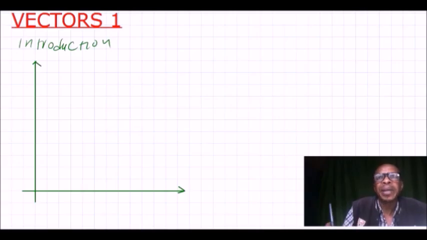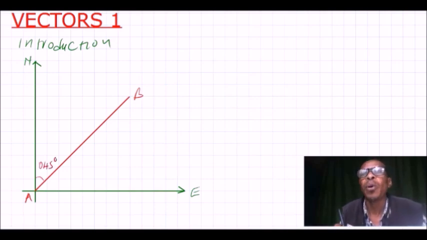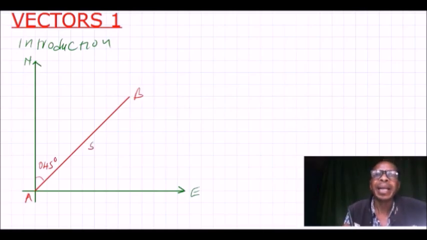We have this is north and this is east direction, and then we have another point here which is B. We can say we have a point here B, and this is our point A, and the angle here is 45 degrees. Now, we need to describe B, and it is 50 kilometers from A. So we can describe B in reference to A and say B is 50 kilometers from A.